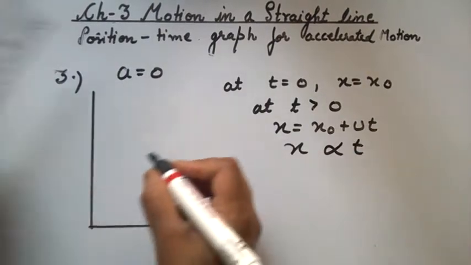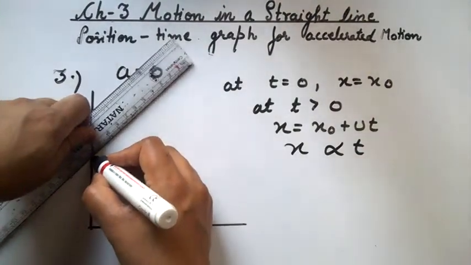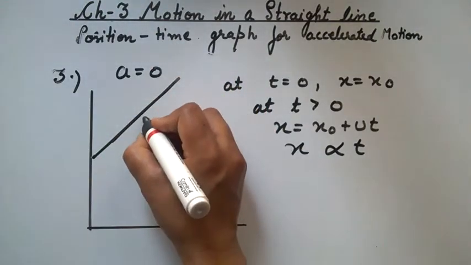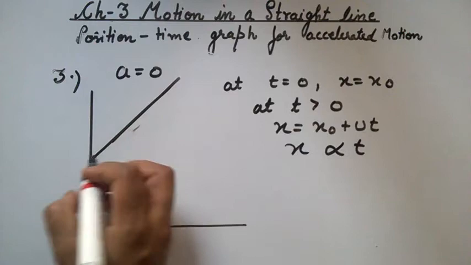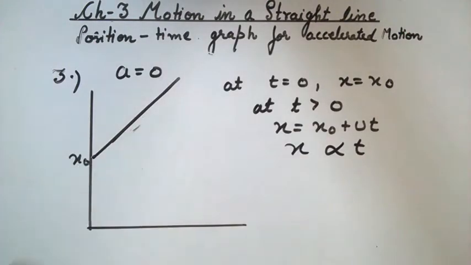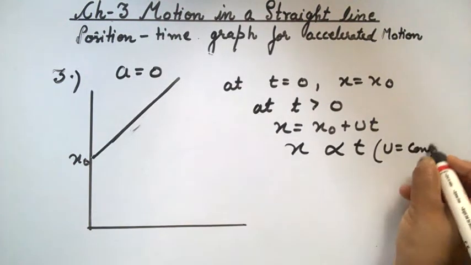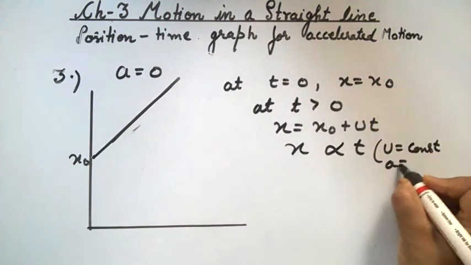So the graph will be a straight line. Acceleration is 0, u constant.